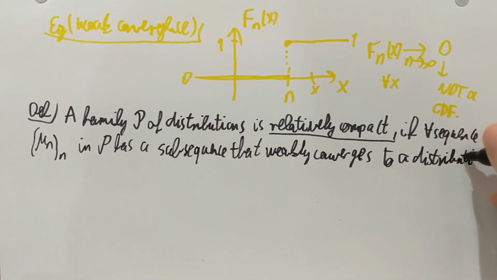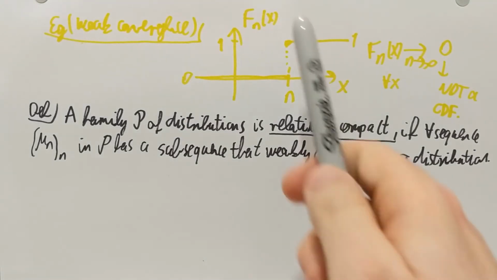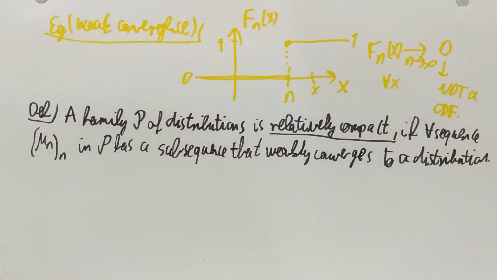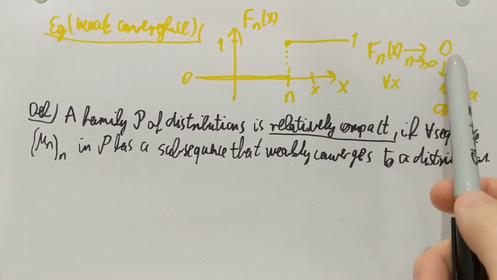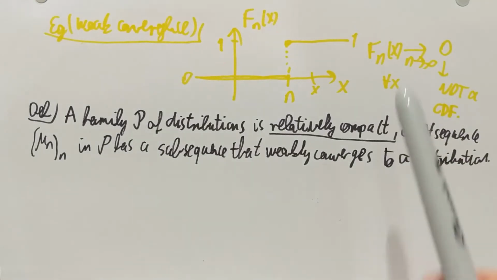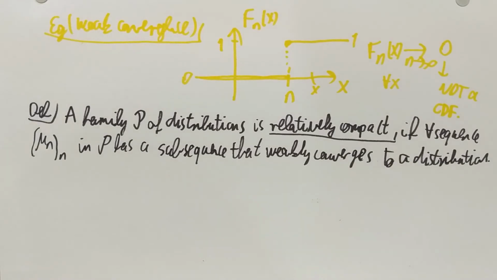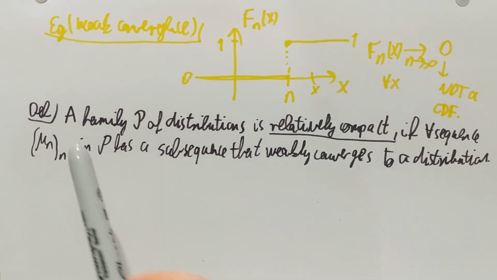Notice that this example here, F_n, does not satisfy this, because the distribution functions weakly converge to the identically zero function, which is not a probability distribution. And therefore every subsequence also converges to the same zero, which is not a probability distribution. The problem is that we're losing some kind of compactness here, and this definition is exactly to capture that.